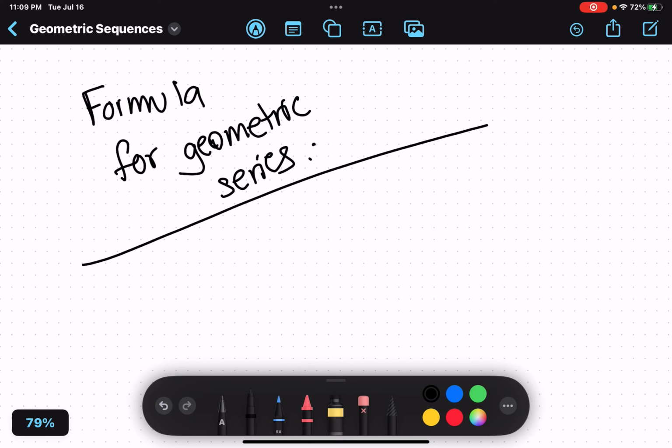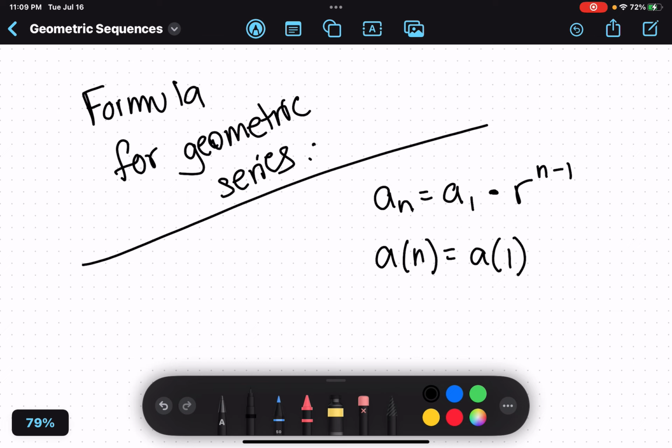And that is, I will write in both notations, a subscript n. For any term, you multiply the first term by your rate to the power of the number you're trying to find, minus 1. In the different notation, it would be also written as this.